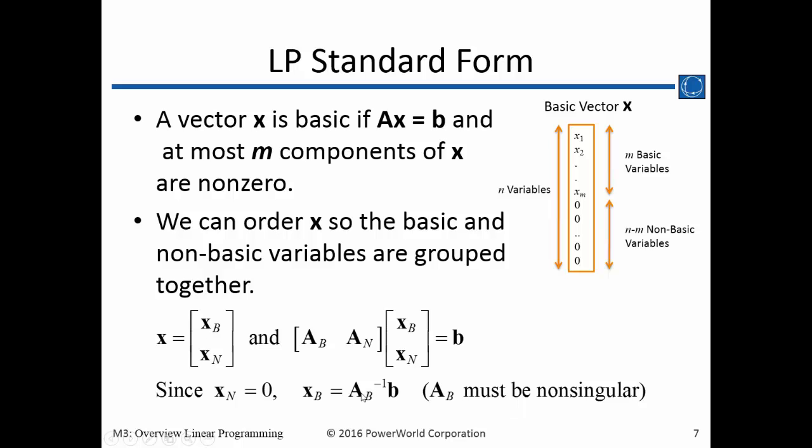In the scalar sense, it means it's not equal to zero. So in the matrix sense, it means you can invert the matrix and then solve for the control variables equal to the inverse of that matrix times B, so that you can get a solution for what, for example, all your generator outputs should be.